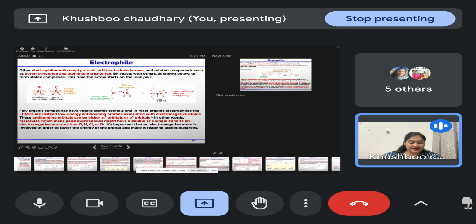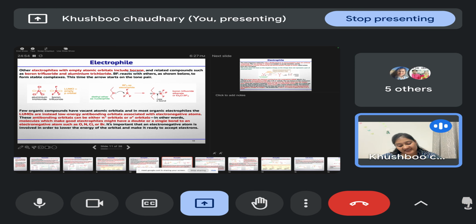Then the other examples of electrophile are borane, which contains an empty atomic orbital, and related compounds such as boron trifluoride or aluminium trichloride. So in the case of boron trifluoride or aluminium trichloride, the LUMO is your empty p orbital that will accept the electrons from any nucleophile.